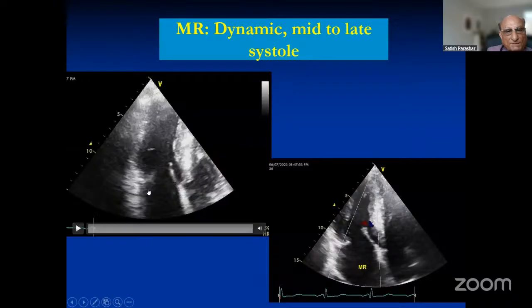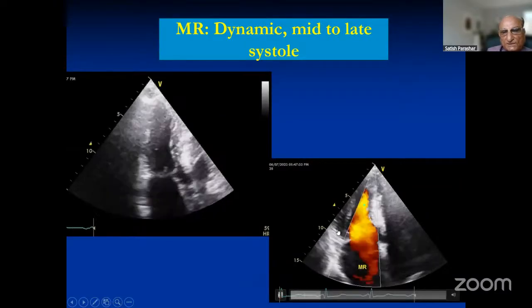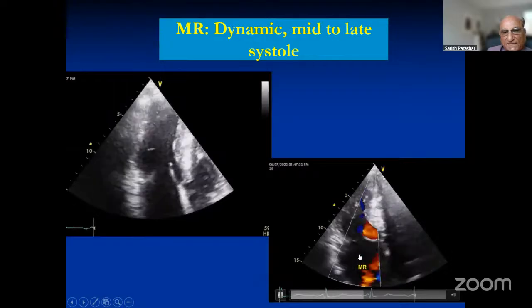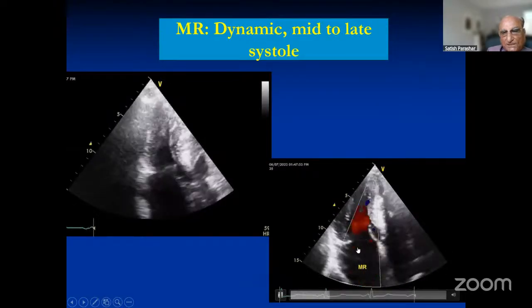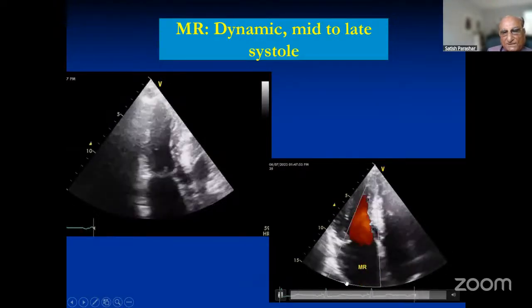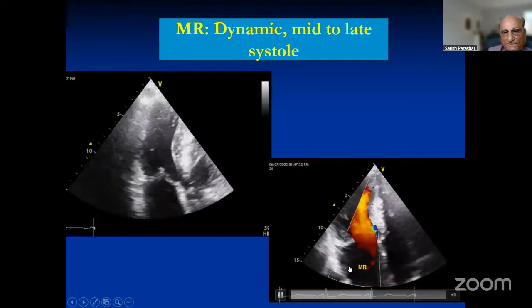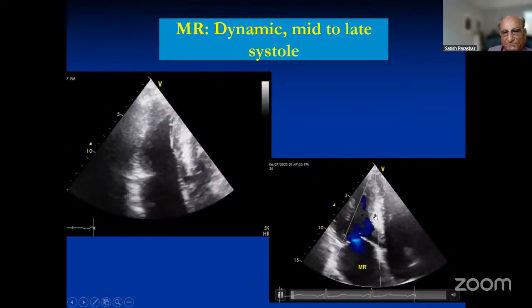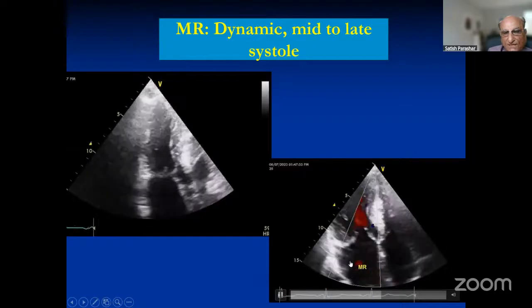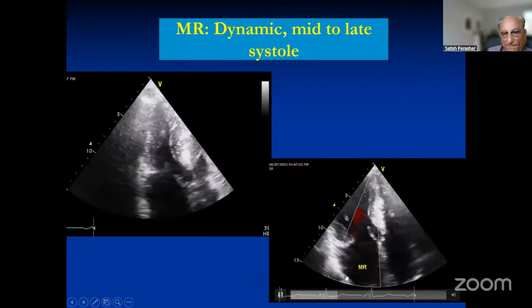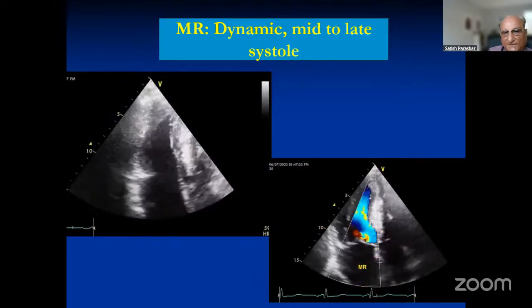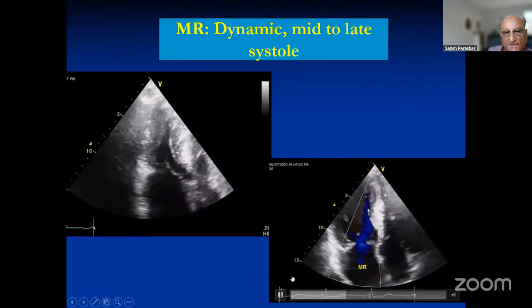Now, remember this MR also is usually dynamic, and anything which increases the LVOT gradient also increases the MR. That is usually posteriorly directed because of the mechanism of the SAM. But whenever there is a disease of the mitral valve, it can be anterior also.